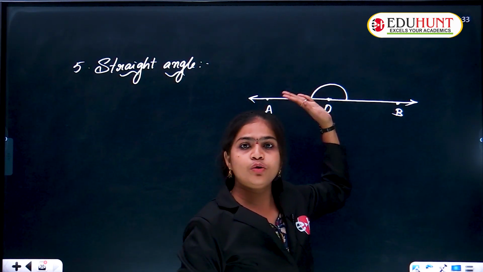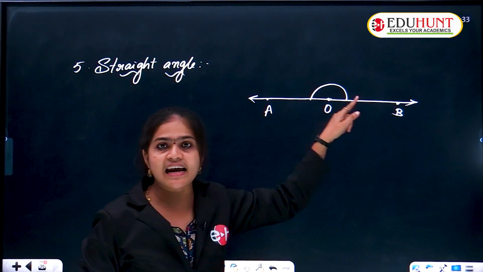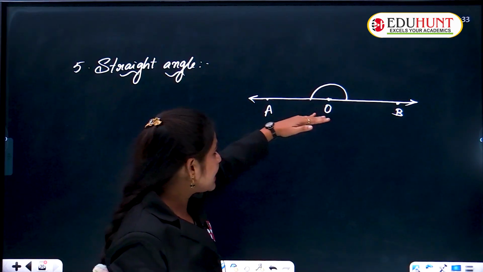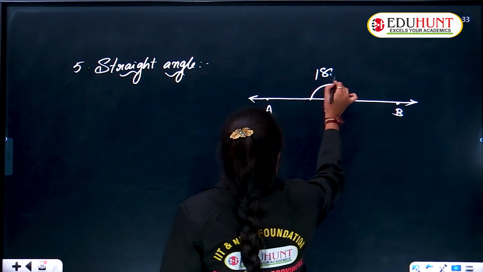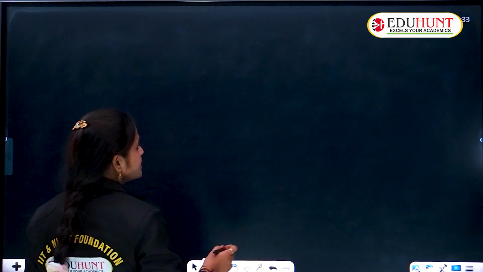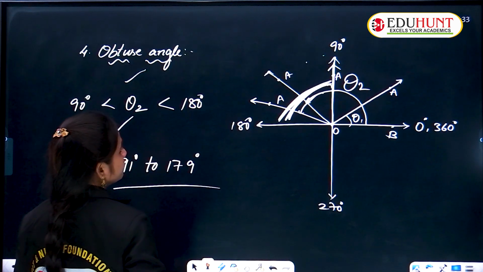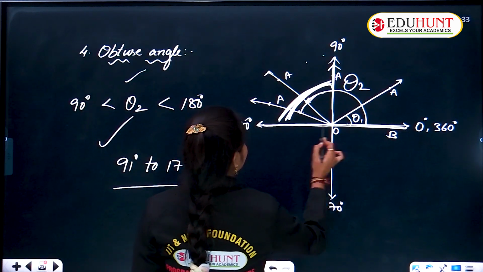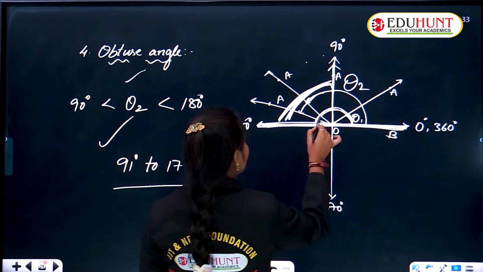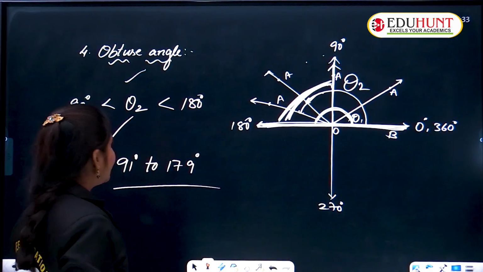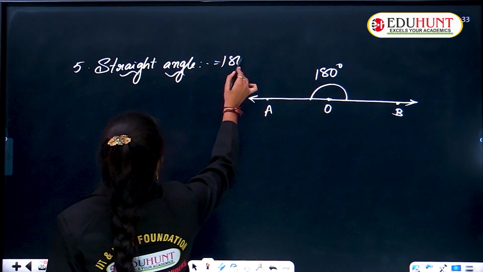Then OA and OB are opposite rays. Those two opposite rays form a straight line. That straight line forms an angle at O, that is 180 degrees. Here you can observe this is a 180 degrees angle. This is a straight line. On that straight line, the total angle is 180 degrees. Understood? Straight angle measures 180 degrees.